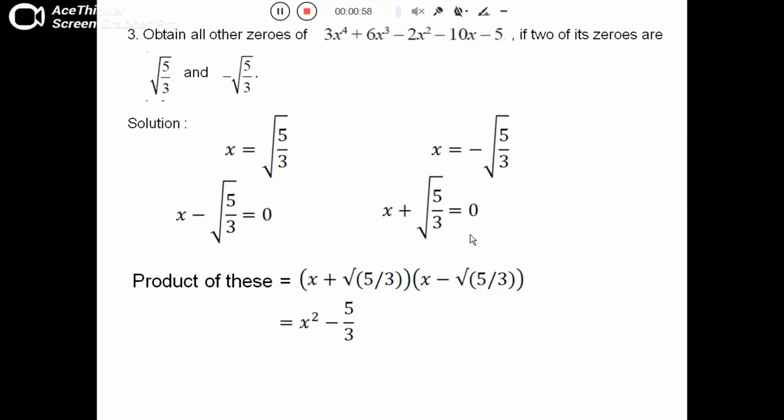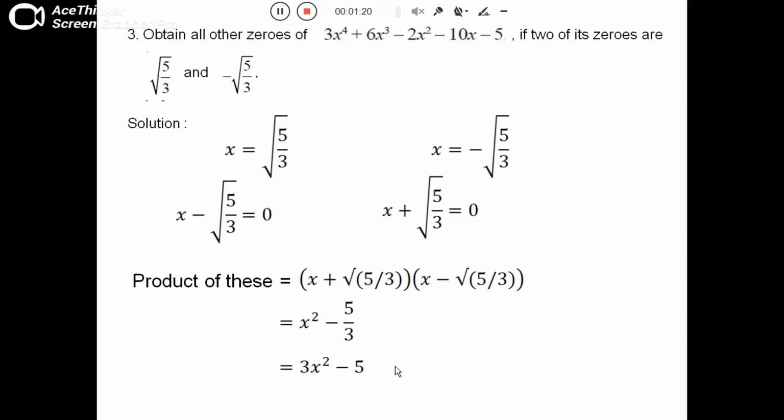As they both are equal to 0, their product will also be equal to 0. So from this you can write, if you take 3 as the LCM, 3x square minus 5 equals 0. So you will get this algebraic expression 3x square minus 5.